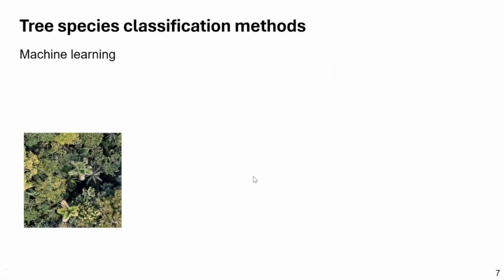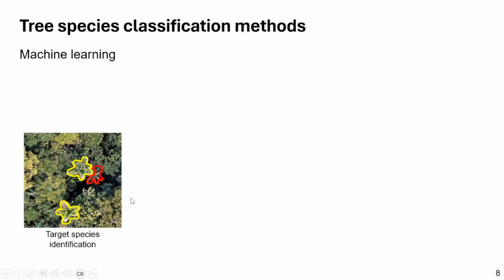So when we would like to classify or identify tree species using remote sensing images, the first step is to locate the target species in the image. So we actually should identify the pixels of a species in the image.